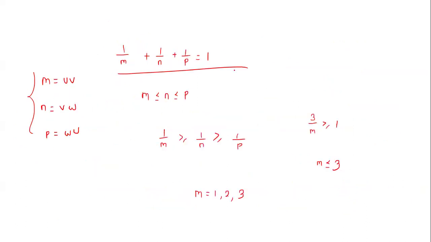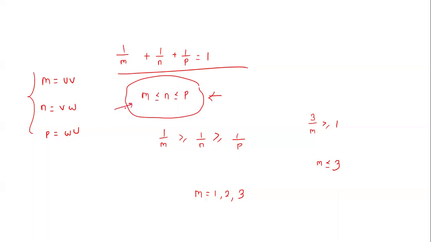Now we can solve this type of equation by using the symmetry, so we can initially assume an inequality between m, n and p: p is greater than or equal to n, and n is greater than or equal to m. We can initially assume this, and later do permutations of the solution to find all the solutions.